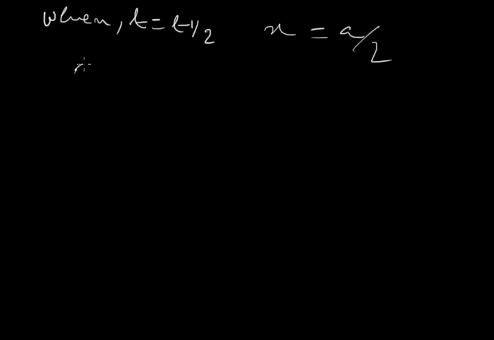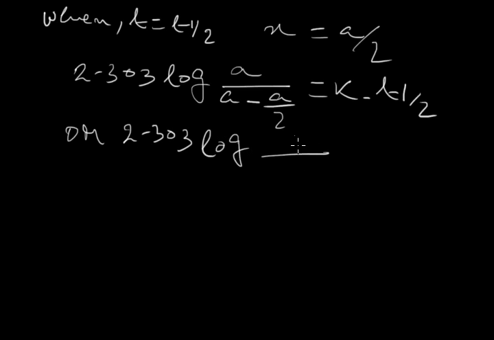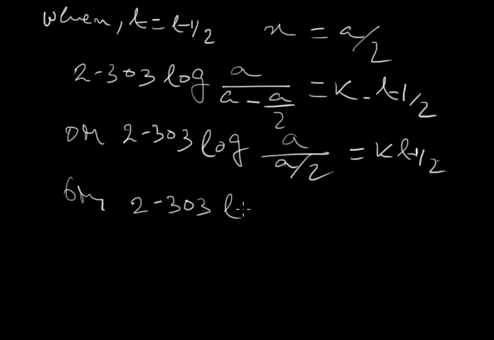So we can write 2.303 log a by (a minus a by 2) equal to k into t half, or 2.303 log a by (a by 2) equal to k into t half, or 2.303 log 2 equal to k into t half.